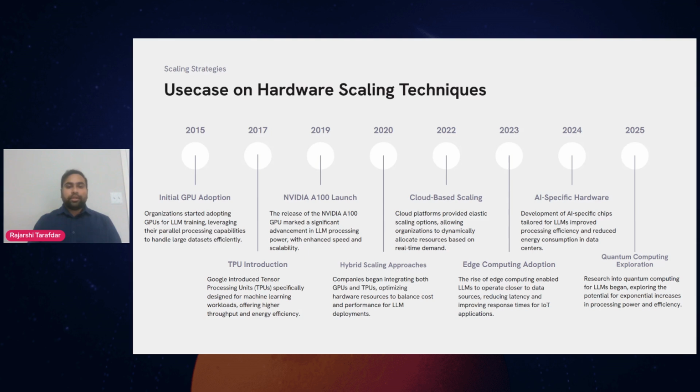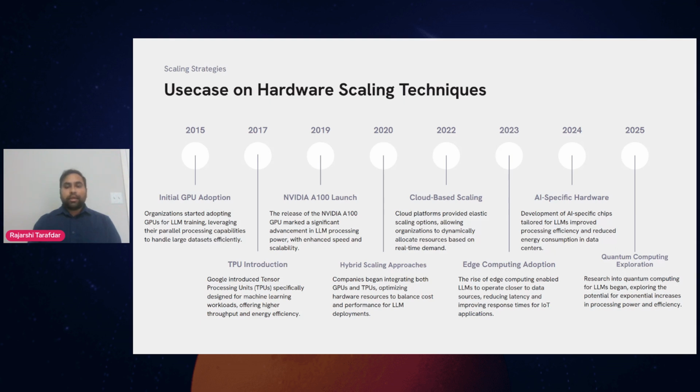So in 2017, the TPU introduction happened, specifically designed for machine learning workloads. It was launched by Google in 2017, the tensor processing units, TPUs. And in 2019, NVIDIA launched the A100 GPU, which is a significant milestone in terms of speed and scalability.